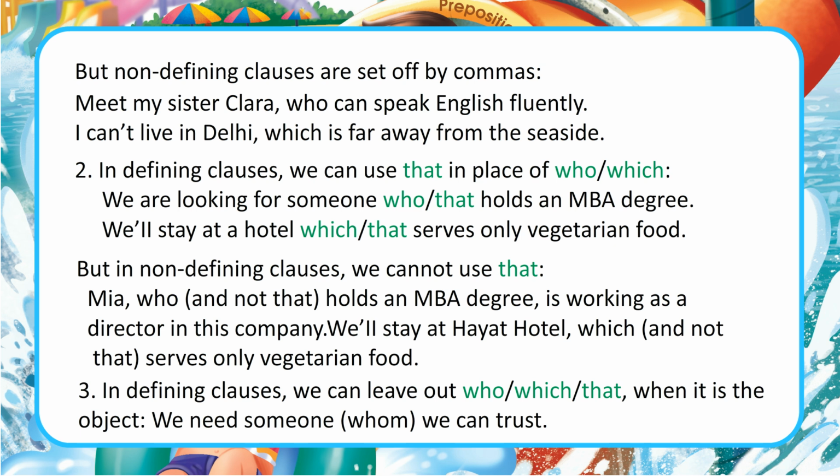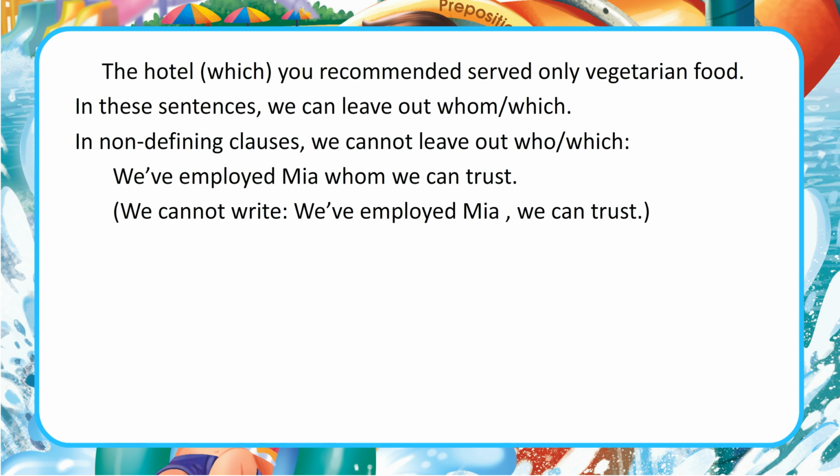3. In defining clauses, we can leave out who/which/that when it is the object. We need someone whom we can trust. The hotel which you recommended served only vegetarian food. In these sentences, we can leave out whom/which. In non-defining clauses, we cannot leave out who/which.